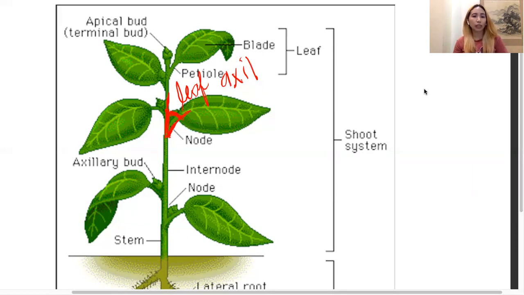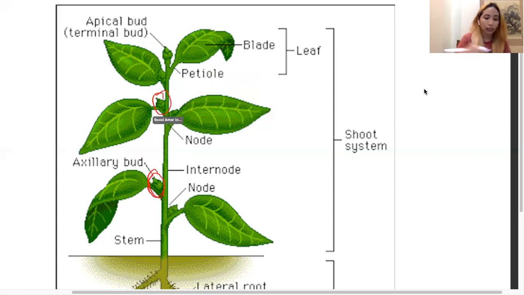So the leaf axil is basically just a region wherein the base of the attachment of the leaf and the stem actually meets. So if you find buds that are located in the leaf axil, then you call them your axillary bud. However, buds that are found at the tip, normally we call that the terminal bud, or another term, as you can see here, would be the apical bud.